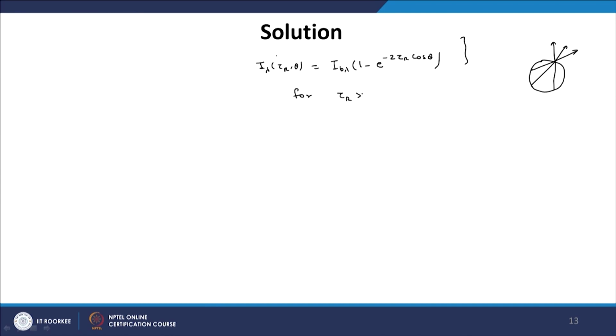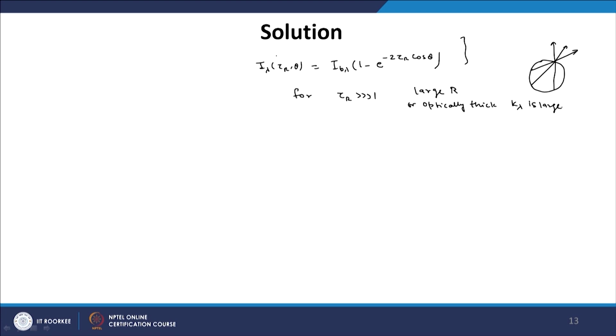For tau r greater than 1, that means we have a large sphere, or optically thick. Optically thick means we have kappa lambda large, that means we have strong absorption.